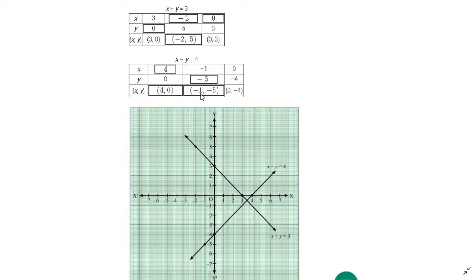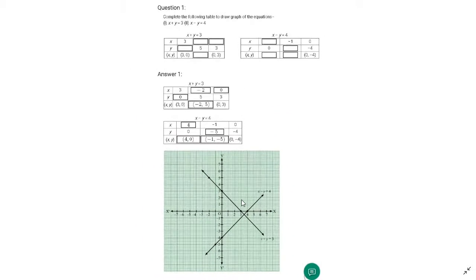Next point, minus 1 comma minus 5. Minus 1 of x is here, and minus 5 of y is down here. So here is our second point. Join the second point and the first point. And let's check the third point, 0 comma minus 4. It's right on our line. So these are the two lines we are asked to draw on the graph paper.